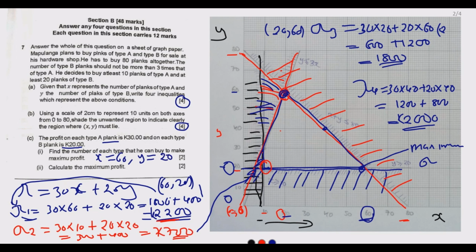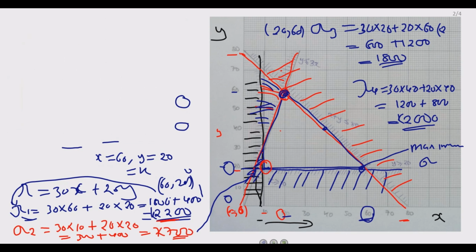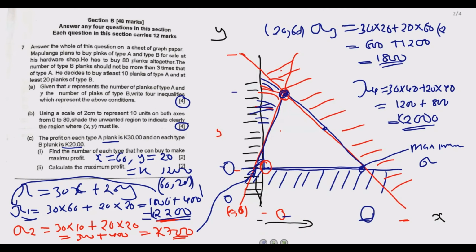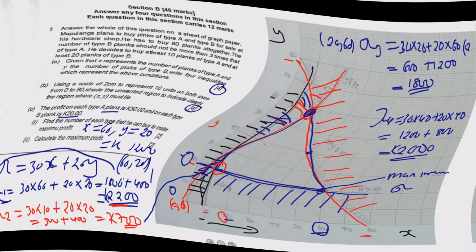So type A 60 planks, then type B 20 planks. Maximum profit is basically 2,200. So 2,200 is our maximum profit. Basically this is how you deal with this kind of question.